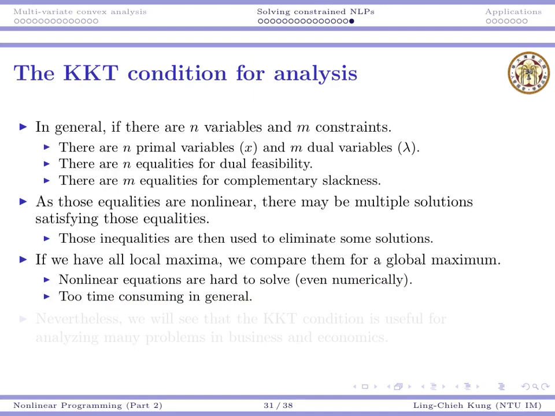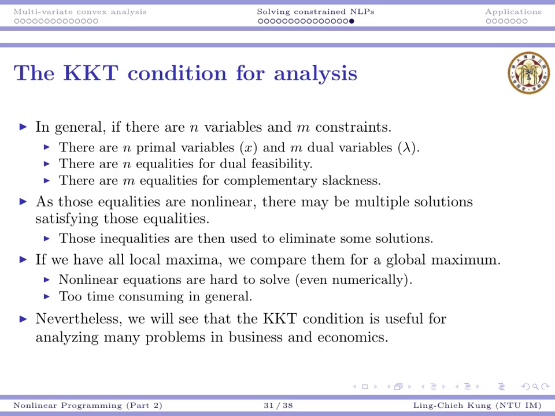So if a problem is a convex program, then it's really helpful because a local max will be a global max, and the number of points satisfying the KKT condition can be under control. But for a general nonlinear program, even through this method, we just cannot efficiently solve them. So we're not going to give you problems asking you to run the KKT condition to compare everything in this course. That's not very useful.